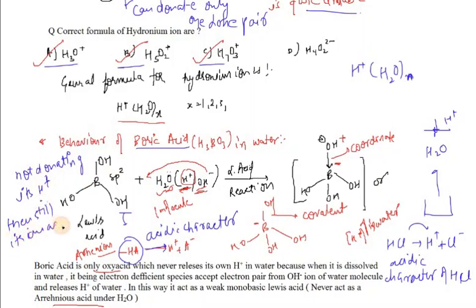How is it an acid? We know that water here is considered as a Lewis base. When we consider it as a Lewis base, it will donate a lone pair to the Lewis acid, boron.